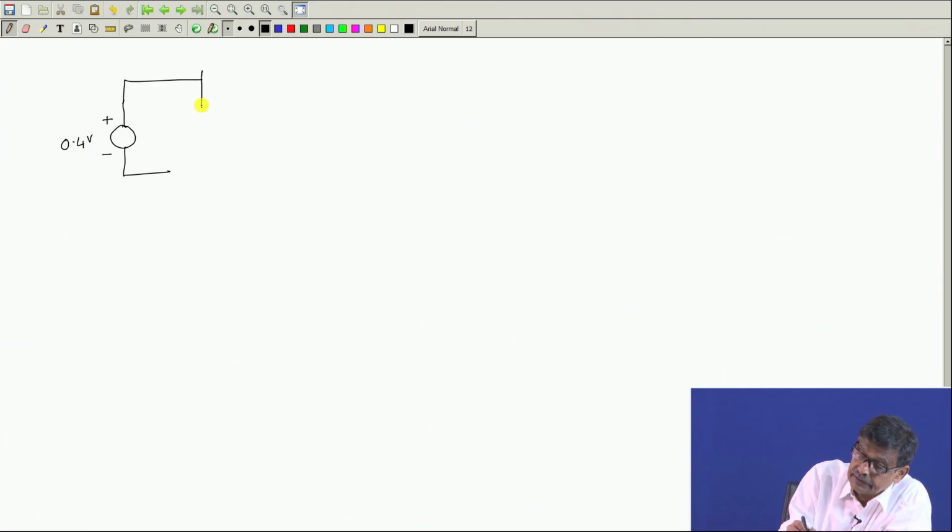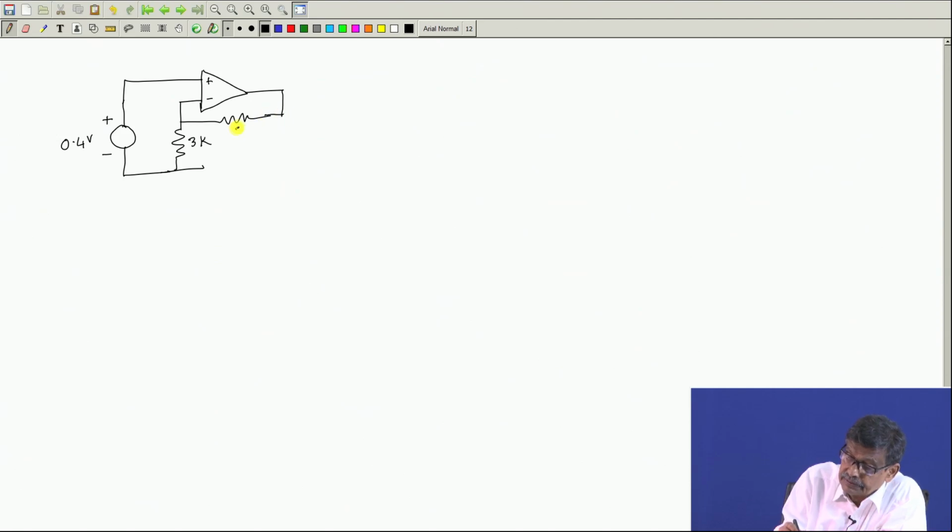This is drawn like this, plus minus, and here is a resistance, which is say 3 K, and there is a resistance there, it is 2 K, and at the output you have another resistance, say some value is there at the output.